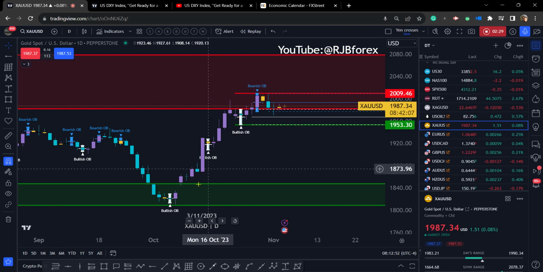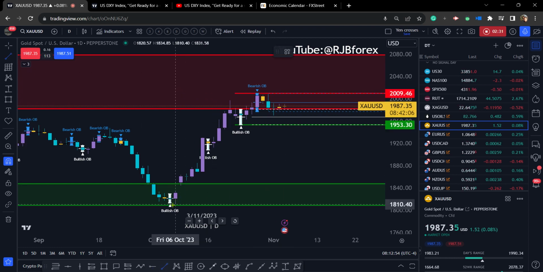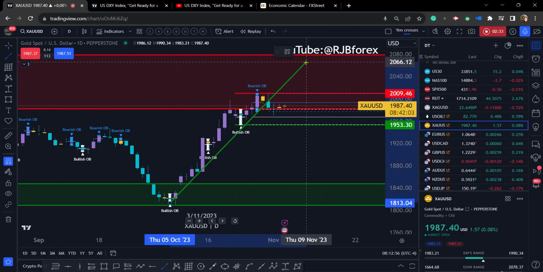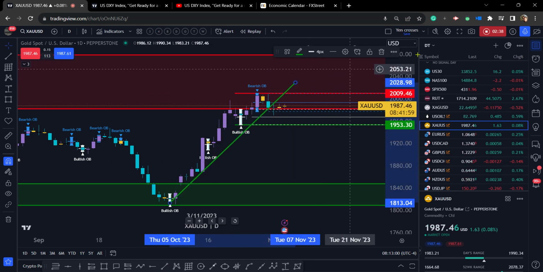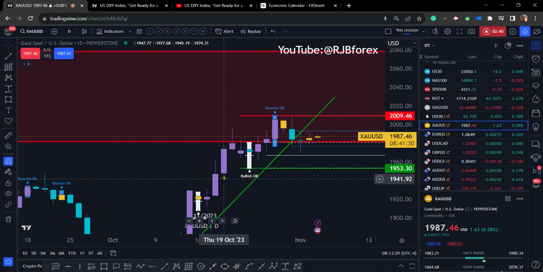When I come into the daily chart, I'm looking at the trend and I'm asking myself, is this bullish trend broken? So we've got the swing low down here.